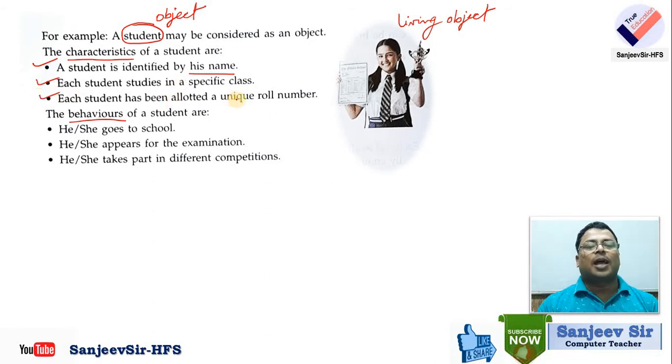Each student is allotted a unique roll number. The behavior is that the student goes to school, appears for examinations, and takes part in different competitions.